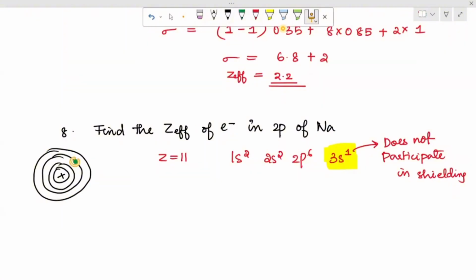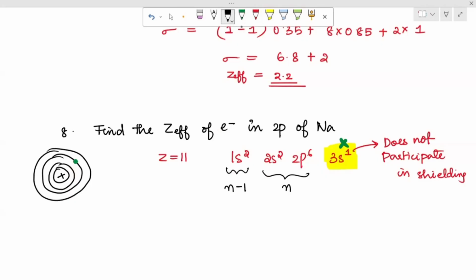So the electron which is there in the second shell is shielded from the nucleus by the first shell. So if the question is to find the Z effective of 2p of sodium, even though it has 3s, you need not consider that. Do not consider this. You start from here. So this is n and this is your n minus 1.